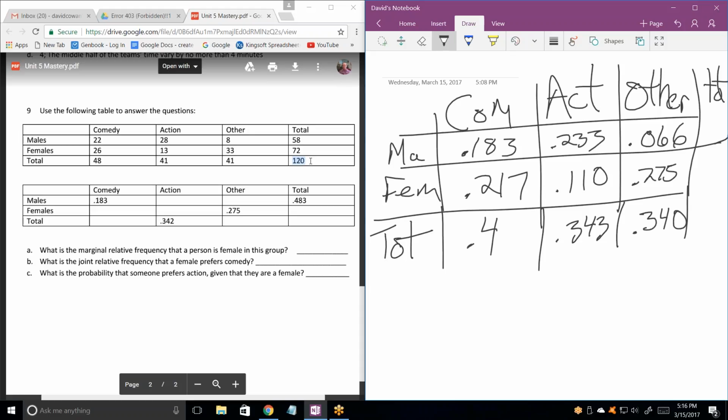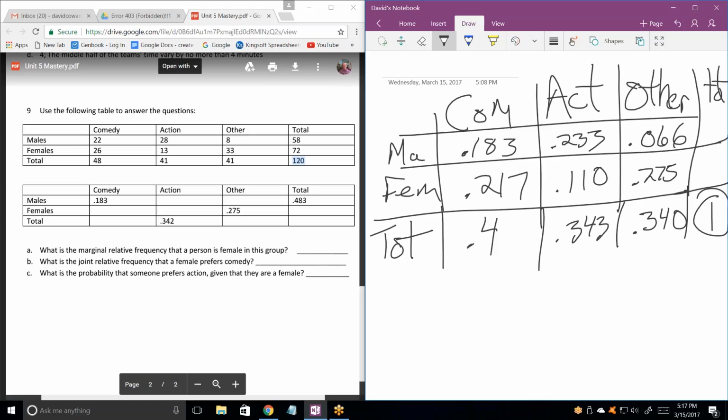Those three numbers should add to 1. They don't, but that's because of some round-off error. And then to get the totals here, I just add those 3 decimals across both ways. Now, that should allow us to answer these questions.